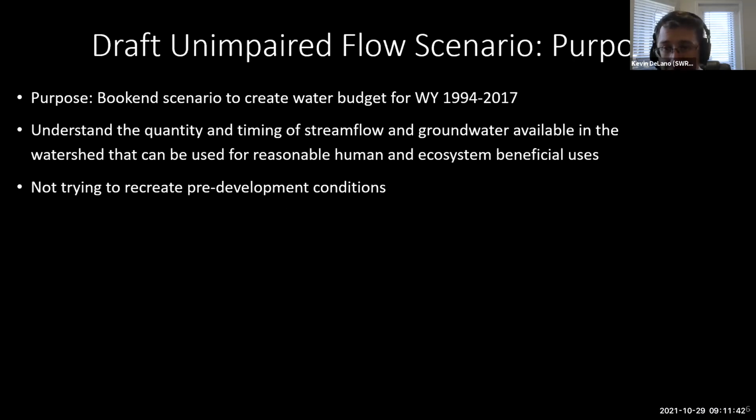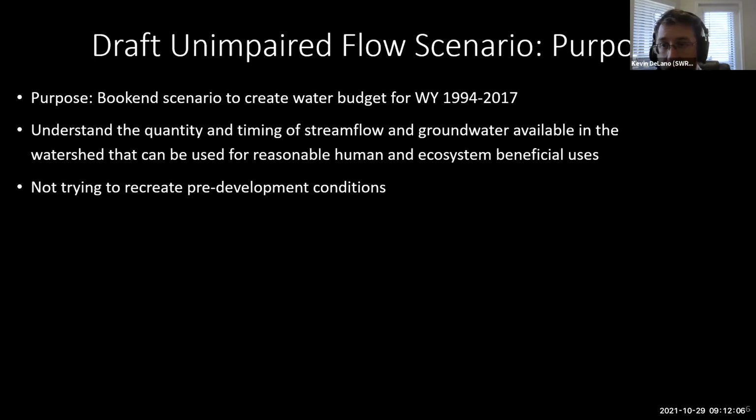The purpose of the unimpaired flow scenario is to create a bookend scenario where we have a water budget. Specifically, we're going to create a water budget for water years 1994 to 2017. We want to understand the quantity and timing of stream flow and groundwater that is available in the watershed that can be used for both reasonable human and ecosystem beneficial uses.